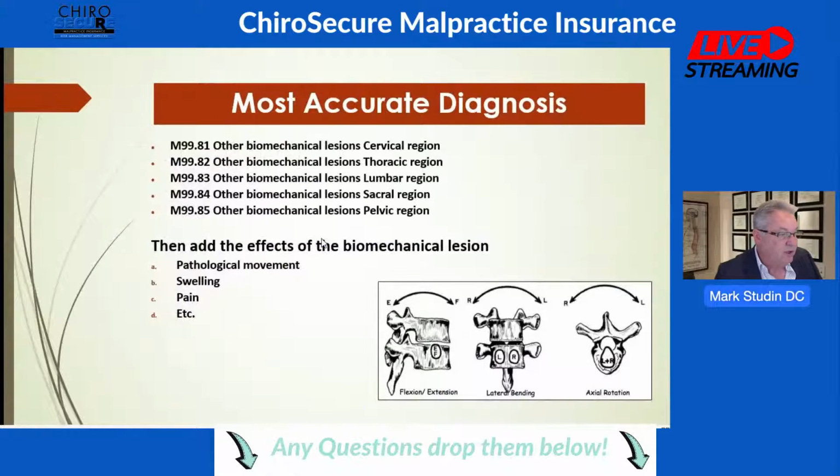And then when we go into it, I didn't want to get into the weeds too much in this, but this is the most accurate diagnosis you could use. A biomechanical lesion: cervical, thoracic, lumbar, sacrum, and pelvis. Then after that, if you want to do the 5 components of subluxation complex, kinesiopathology, myopathology, histopathology, etc., your next diagnosis can be any of those things.